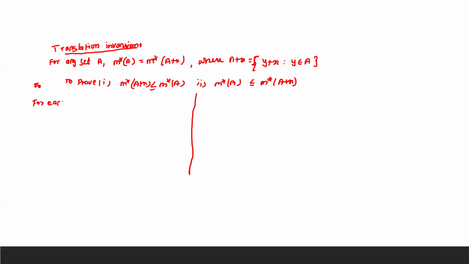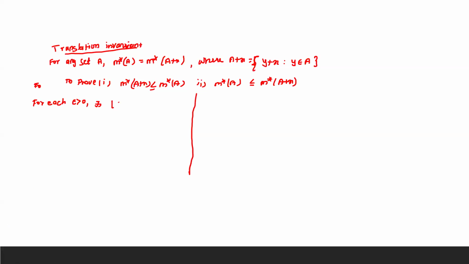For each epsilon greater than 0, there exists a collection In such that A is contained in the union of In.